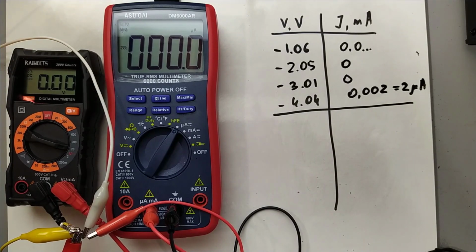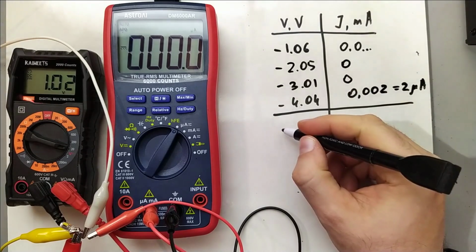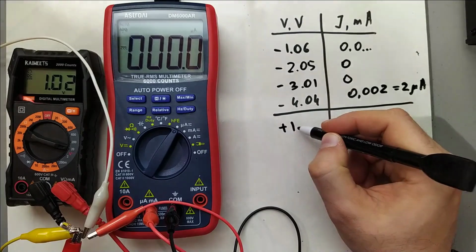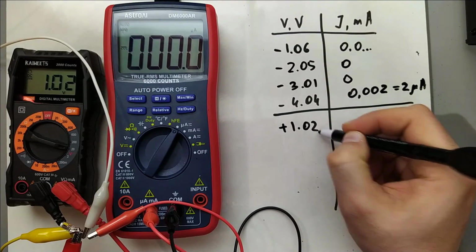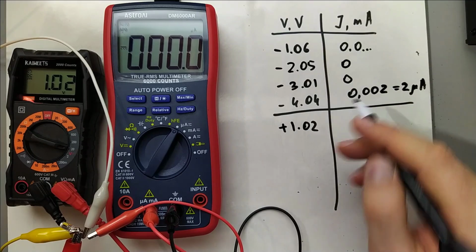So let us see what happens. We apply 1 volt in forward bias. Okay, so we have now plus 1.02. Again, there is no current.